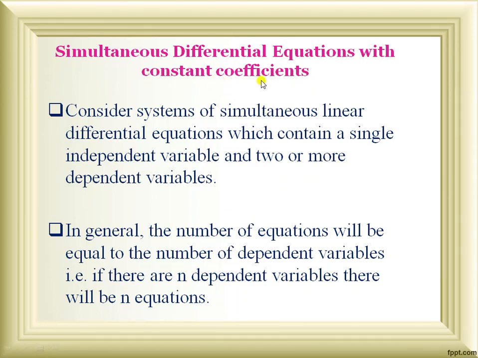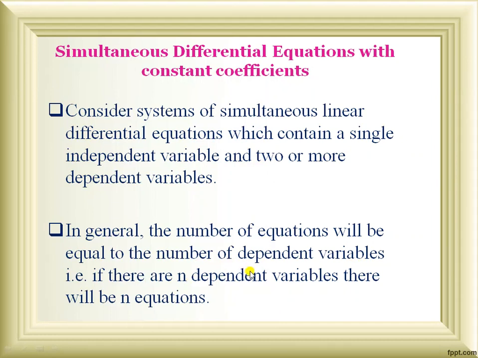For this particular topic also, we are going to deal only with linear differential equations, but in this type we may have more than one equation. That's why we call it simultaneous differential equations with constant coefficients. This type of linear differential equations contains a single independent variable and two or more dependent variables, and the number of dependent variables is equal to the number of equations.